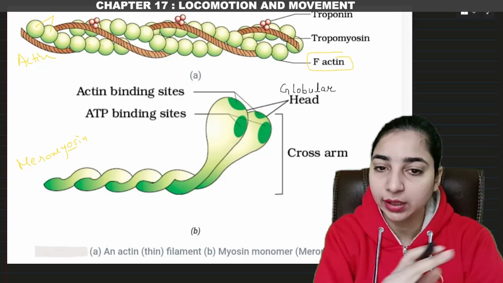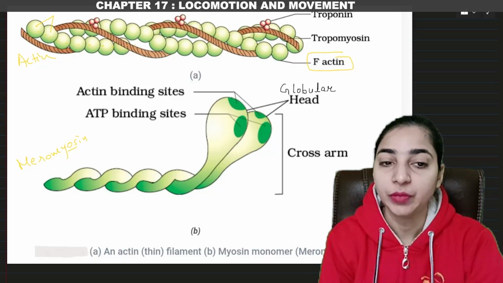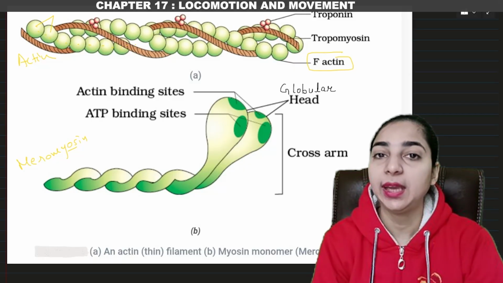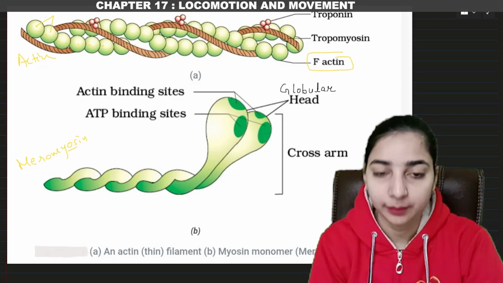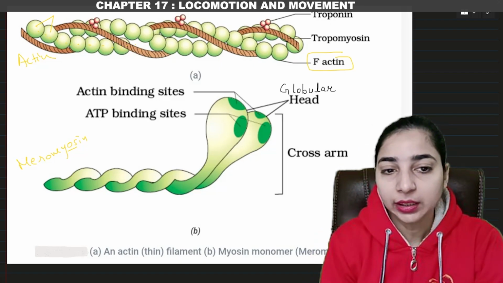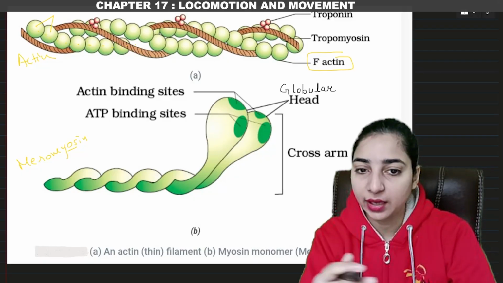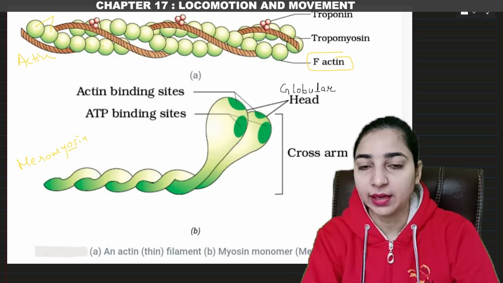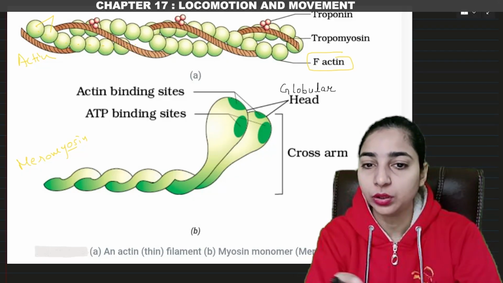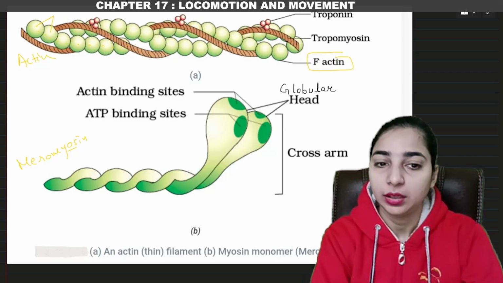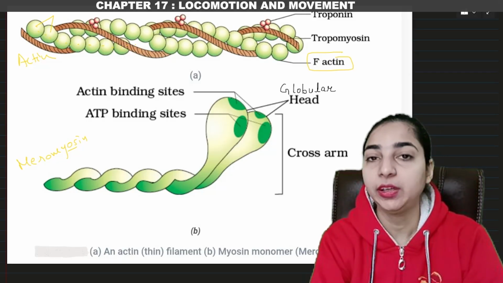So the green colored portion in the upper diagram is the F-actin. In red color you can also see a rope-like structure which is running parallel to the F-actin. Okay, it is running throughout the length of the actin and it is running very close to the filamentous actin.